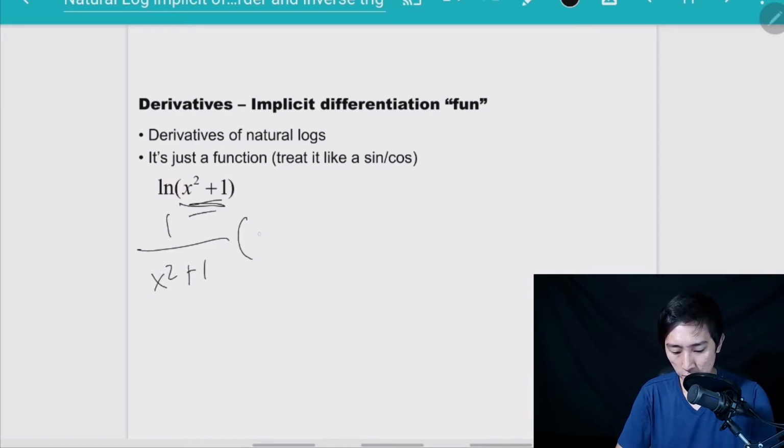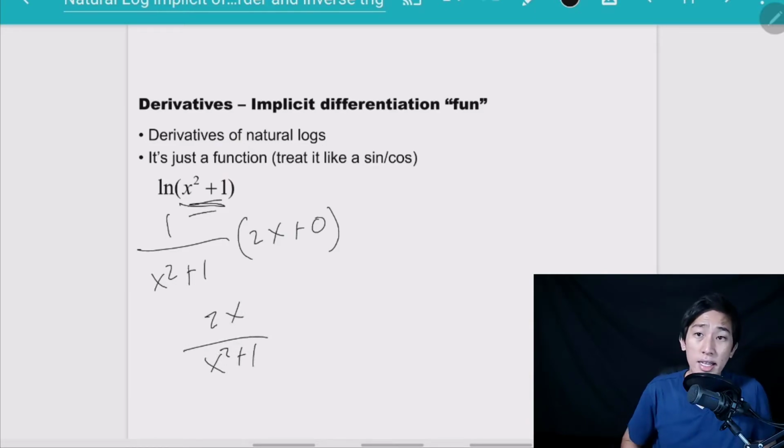And then all we do is multiply that by 2x plus 0. So the derivative of this function here is just going to be 2x over x squared plus 1. That's it. Again, when we're doing derivatives of our natural log, it's just a simple chain rule. And the derivative of the natural log is 1 over x. That's a new rule that we can use since we derived it using our inverse function derivative rule.